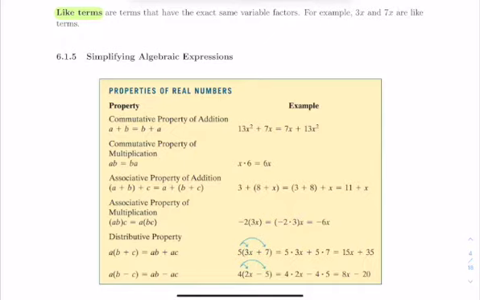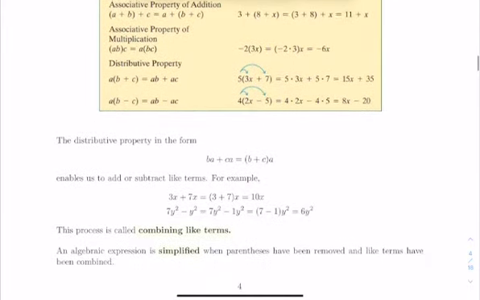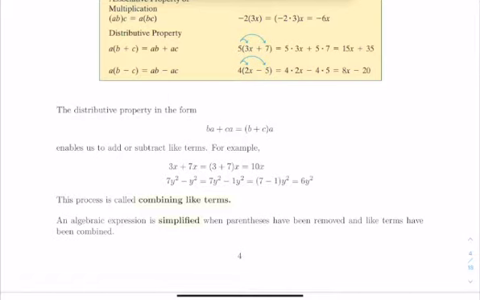So the distributive property in the form BA plus CA equals (B plus C) times A enables us to add or subtract like terms. For example, 3x plus 7x, we can take the x out of both terms and add the coefficients, and we get 10x. Same thing for 7y squared minus y squared.